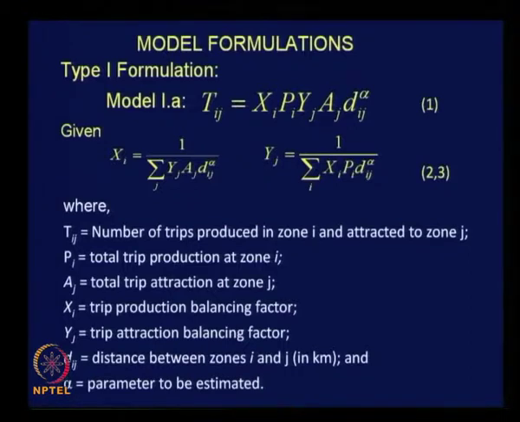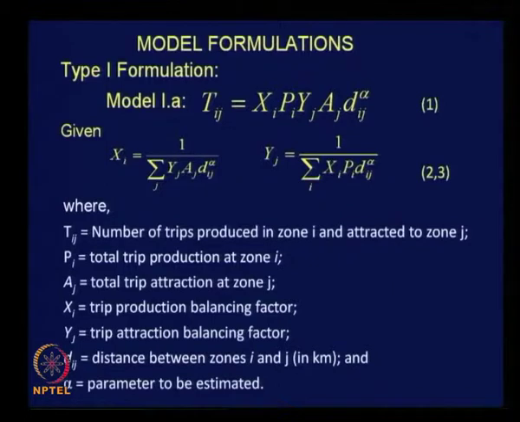Once you complete your calculation of the parameter value, or once you complete your calibration process, then use the model, then your Tij is your horizon year Tij that you will be estimating, is not it? Even the notation is same, we need to be careful what we really mean by Tij.